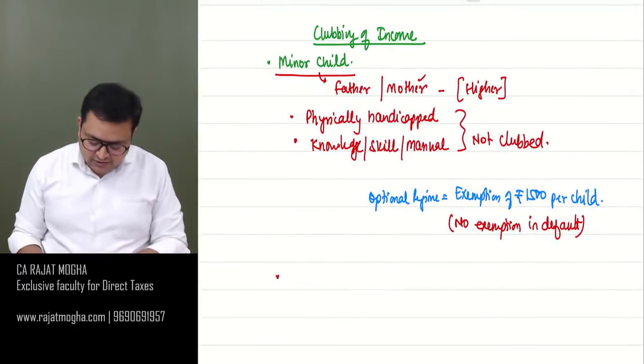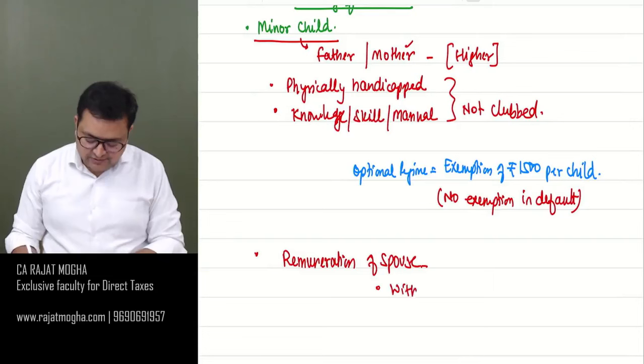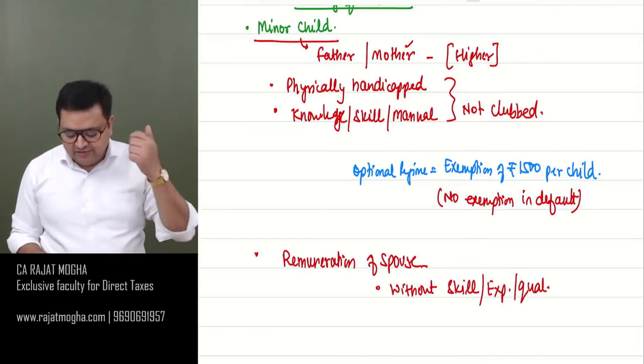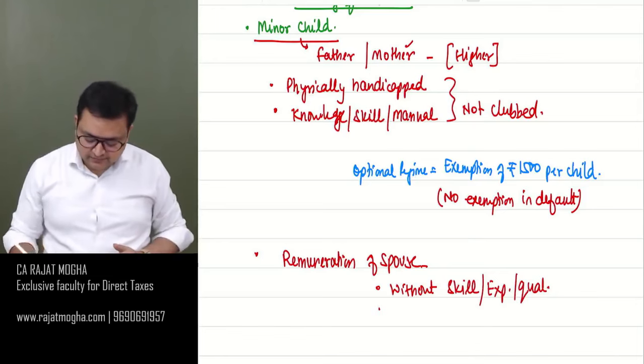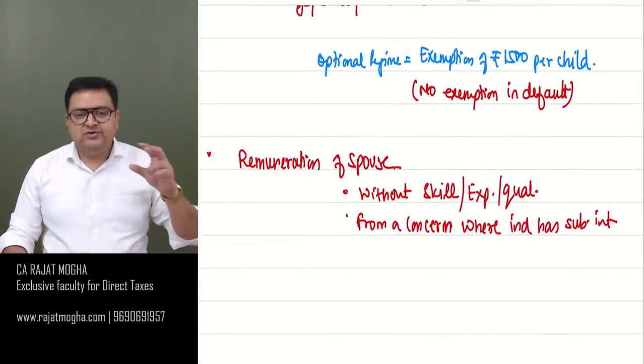Second, in clubbing, you should know remuneration of a spouse. If the spouse is getting any remuneration without skill, experience, or qualification from a concern where the individual has a substantial interest.